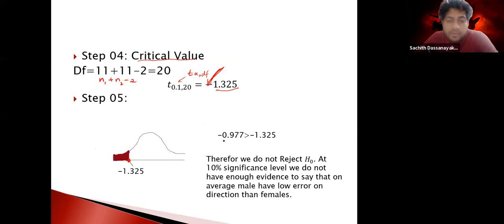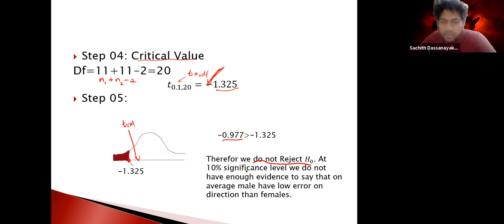So where is negative 0.977? It is somewhere here, right? Now you can see that the tcal value is not in the rejection region, which means we do not reject H0.